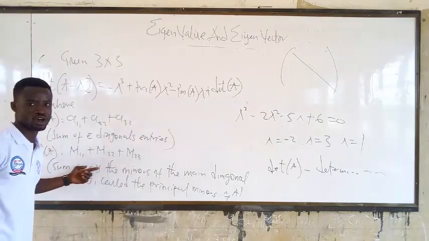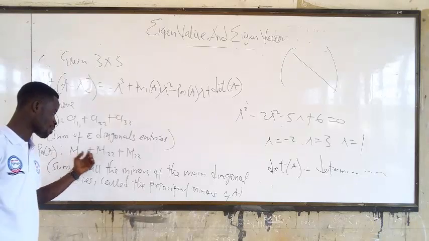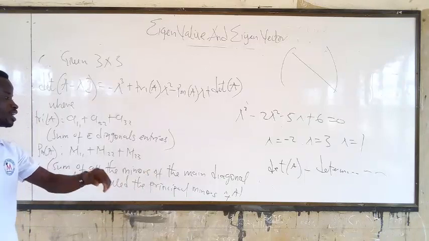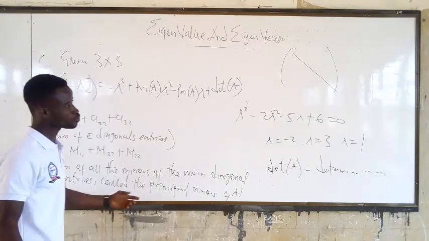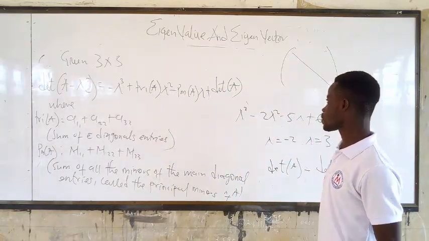How to find the minors? That one you know already. So from the minors, you just sum all the minors of the main diagonal entries. That's it. And the last one is the det.